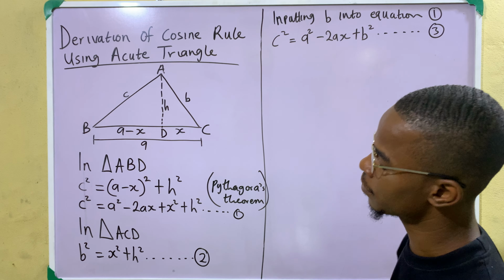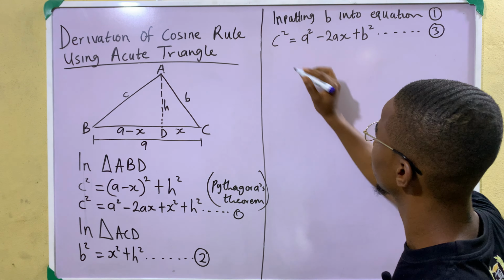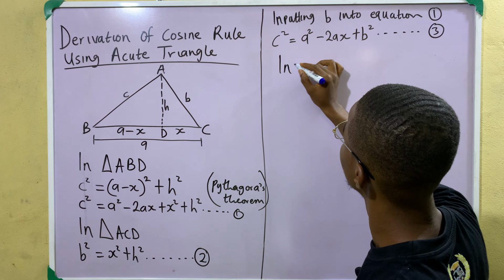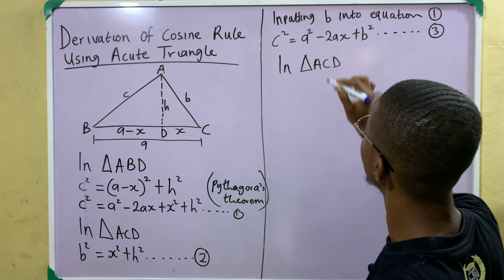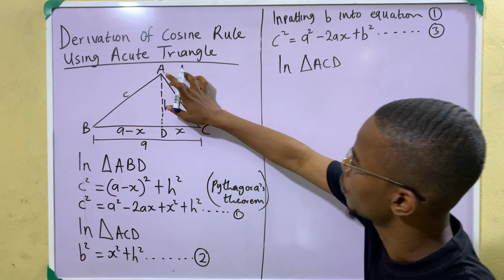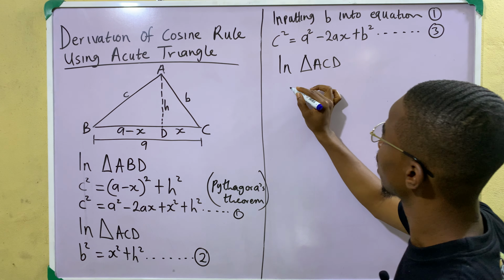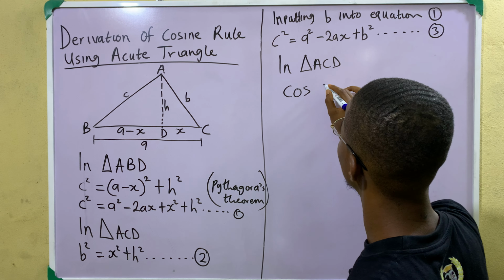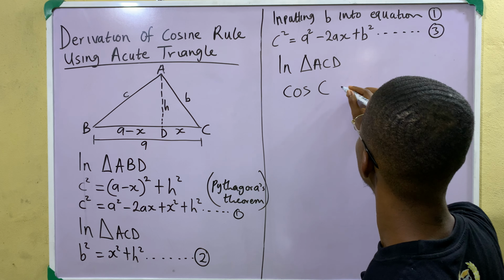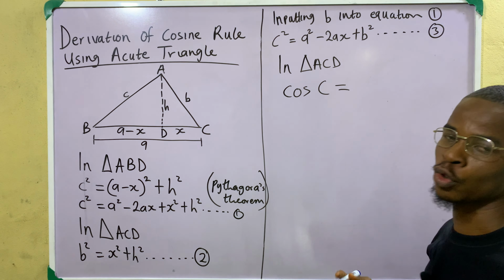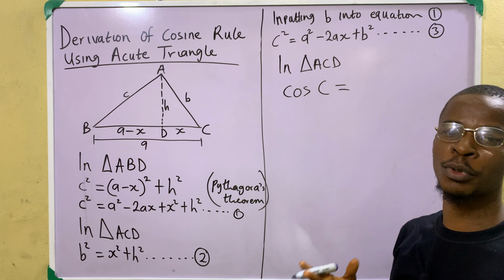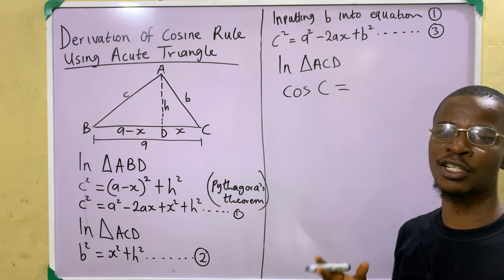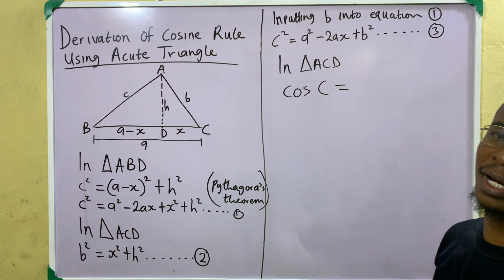Now, still in triangle ACD, we know that cos C will be equal to, you know your SOHCAHTOA: SOH, that's opposite over hypotenuse; CAH, that's adjacent over hypotenuse; and TOA, opposite over adjacent.